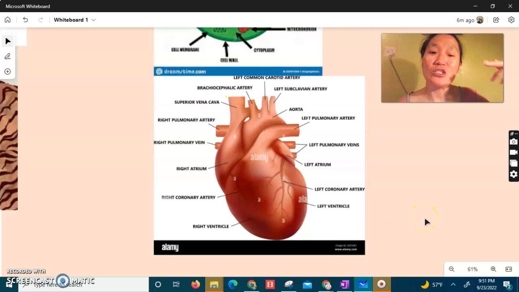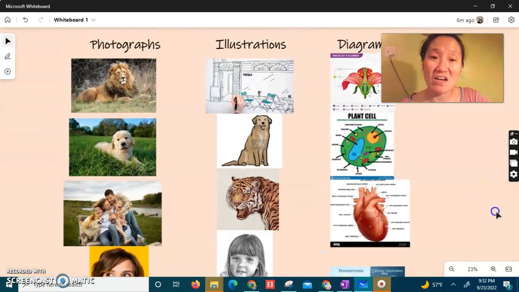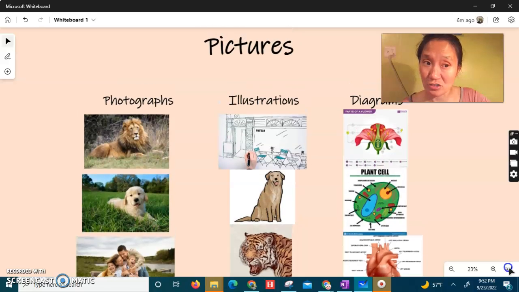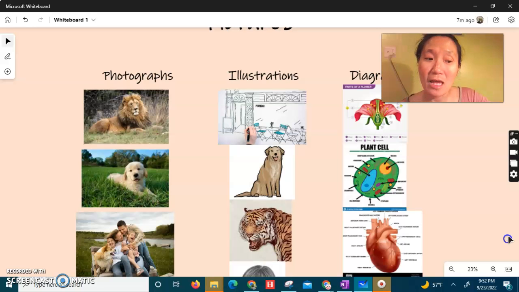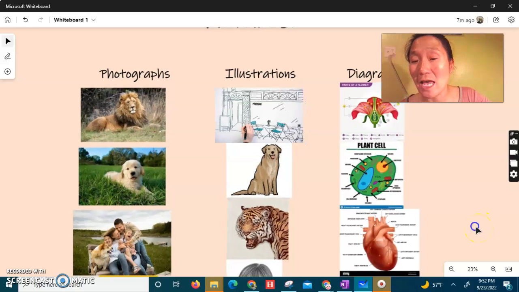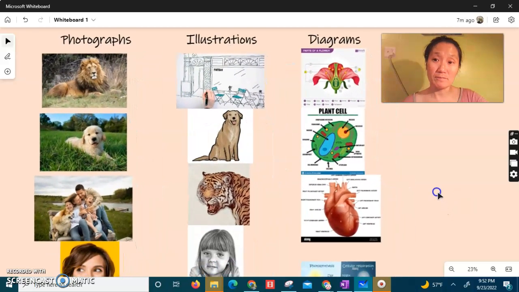So it's an illustration. This one isn't a picture of an actual heart. That looks a little different. But they could use the picture of a real heart, but this one happens to be a drawing that they labeled. Okay? So again, if we're looking at these, you have several different kinds of pictures. These are pictures that you'll see in a book, whether that's fiction or nonfiction, and we're talking about informational text, and you will see photographs, you will see illustrations, and you will see diagrams.